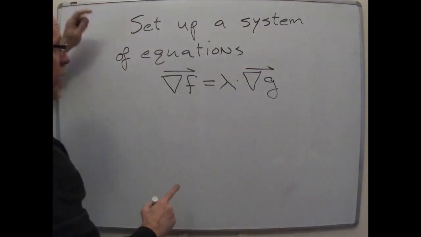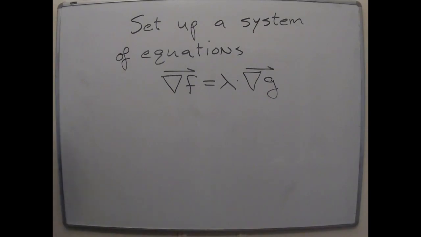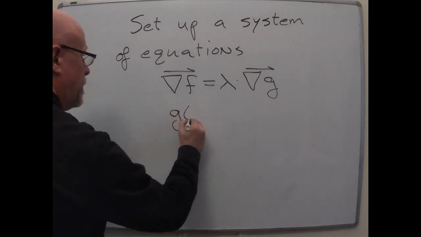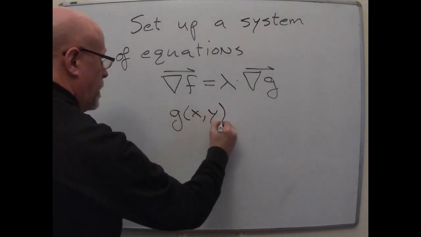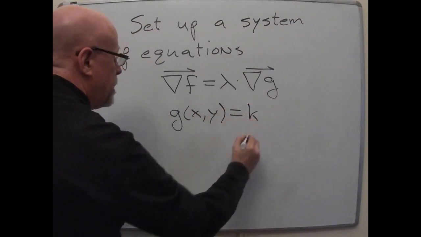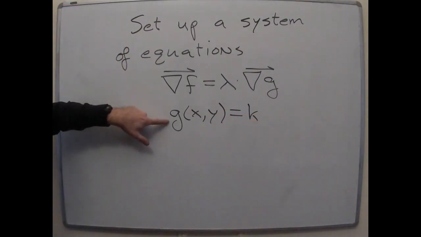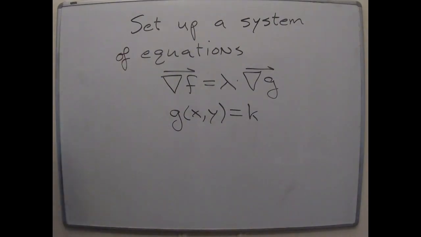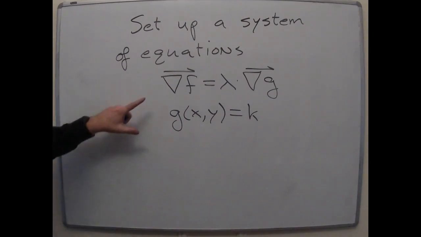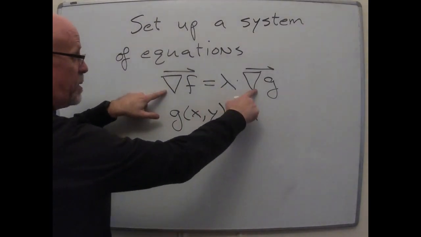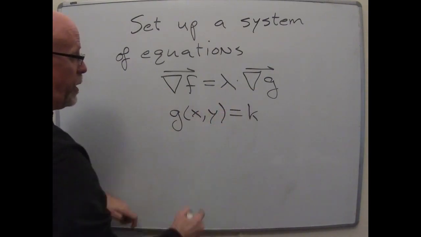Well, I say one of them. That's actually a whole bunch of equations. The other one is going to be that you lie on the constraining condition, so that g is equal to a constant. So typically this guy is two equations, and this one is a single one. I don't know what you're going to do to solve that, but you're going to have to. So that's our setup. Grad f equals lambda times grad g, and then also the constraint has got to be true.